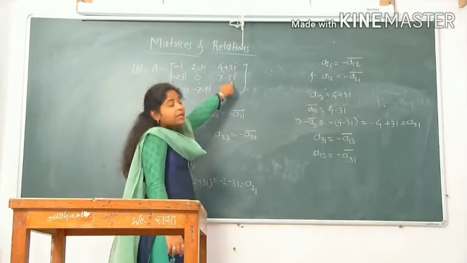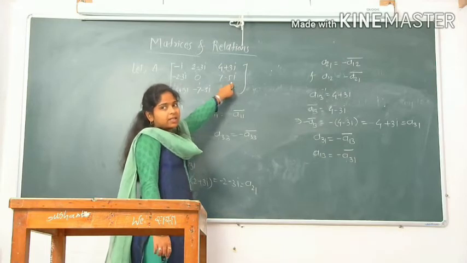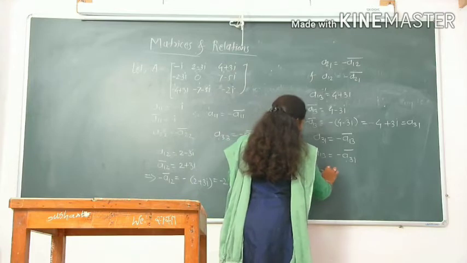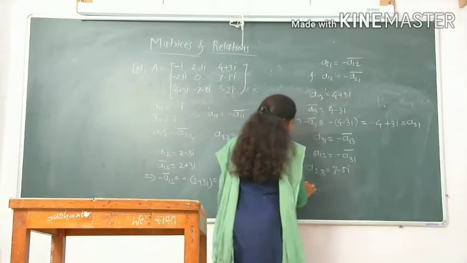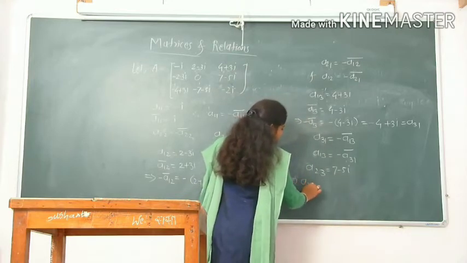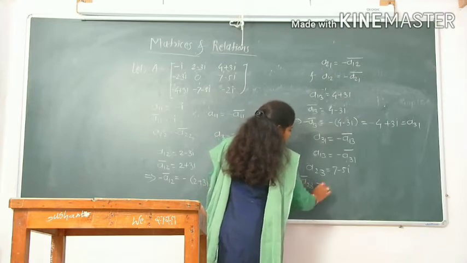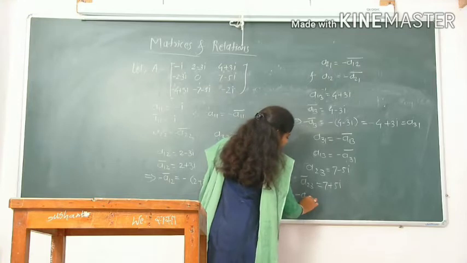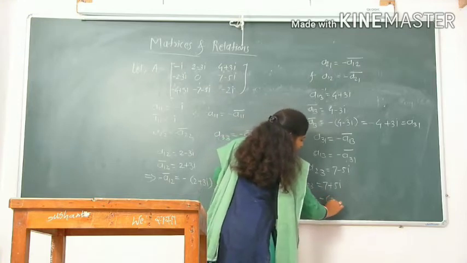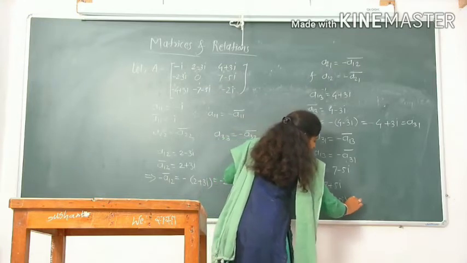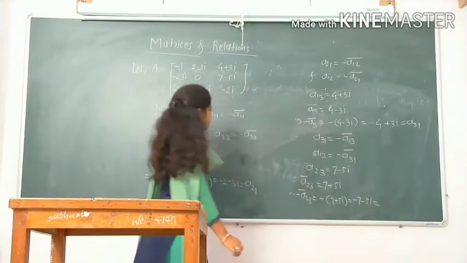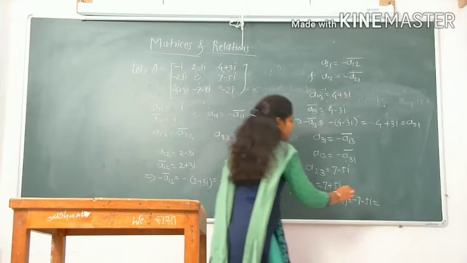Now 7 minus 5i is placed at second row and third column. So A23 is equal to 7 minus 5i. We take its conjugate, A23 bar is equal to 7 plus 5i. Therefore, minus A23 bar is equal to minus 7 minus 5i, which is same as A32.